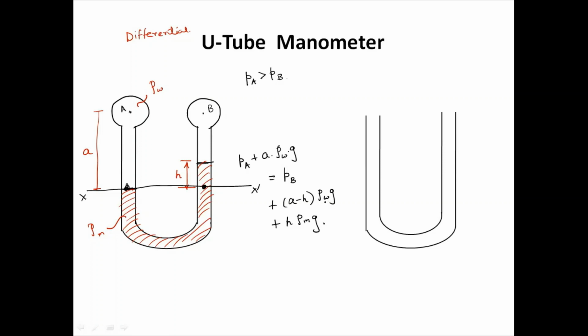So A rho W g will be cancelled out from both sides. PA minus PB gives you H rho M g minus H rho W g. Hence you take H rho W g as common, times rho M by rho W minus 1.